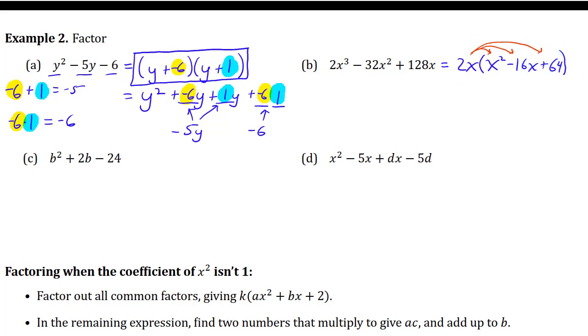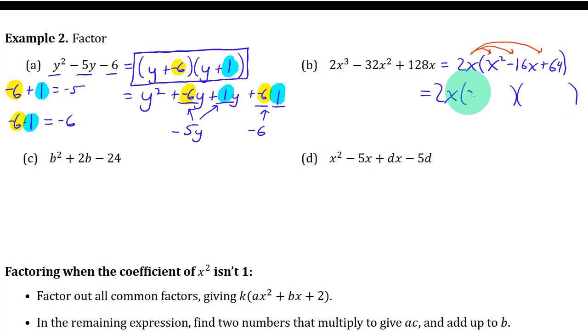So that has been factored, but it's not completely factored because you can break it down further. As long as you have an x squared here, you can probably, most of the time, factor it further. So what we need is two numbers.